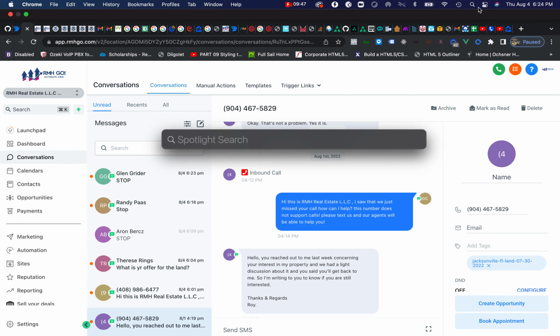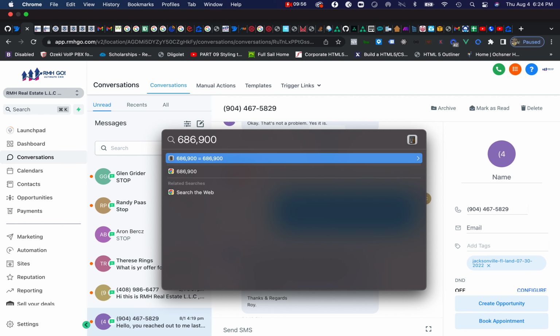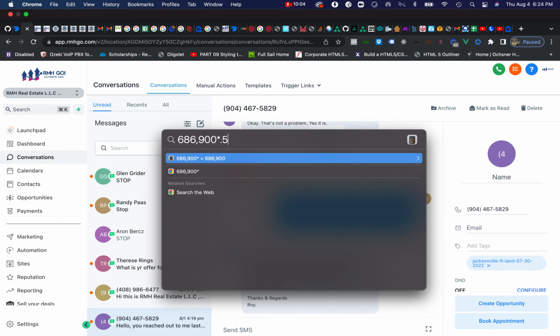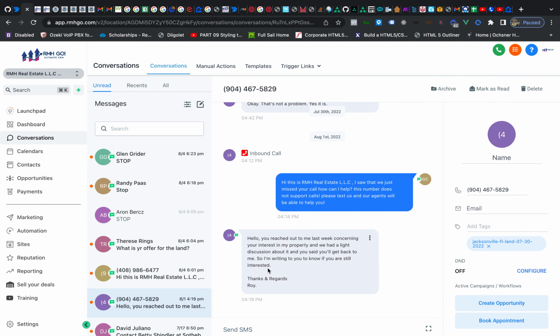So we're gonna do $686,900 times 0.5. This is our offer for that piece of land. It's about 343,000. Okay, this is how you come for it. That's 343,000.